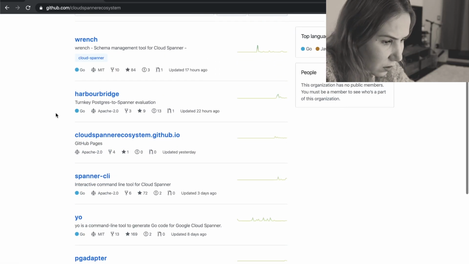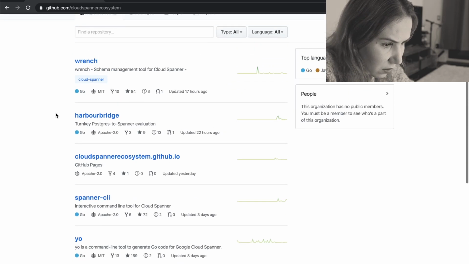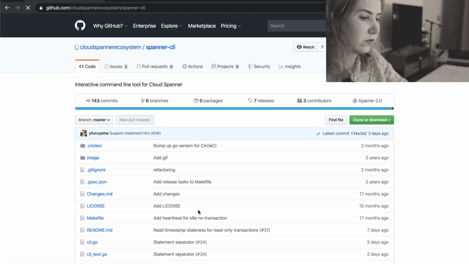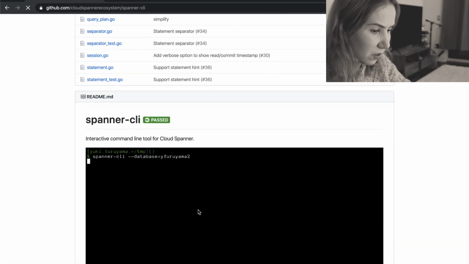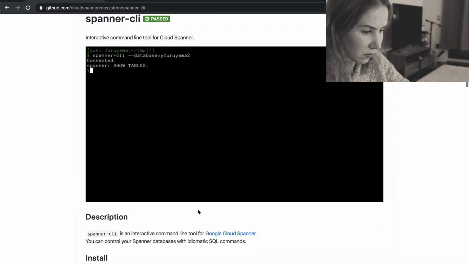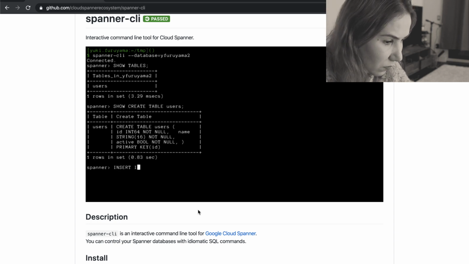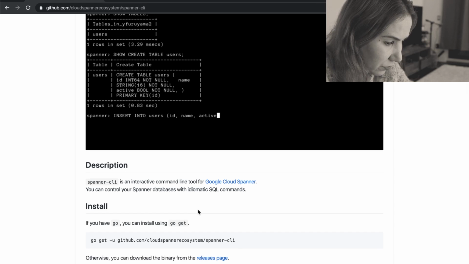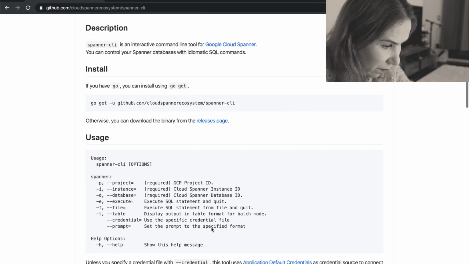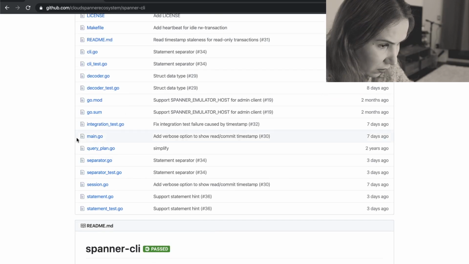They have a CLI tool, this interactive tool. I haven't tried this before, but you should be able to also create the schema and so on by using this command line tool. It looks cool. I haven't used it yet. It's written in Go.